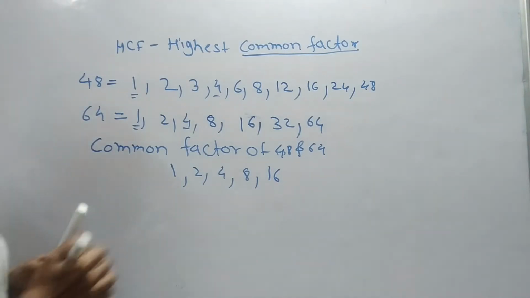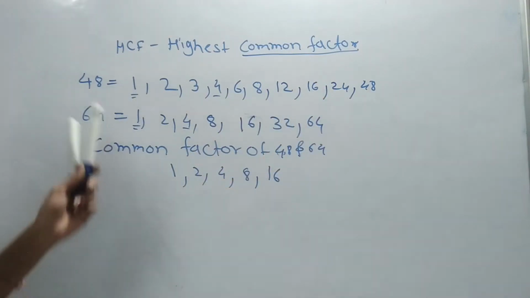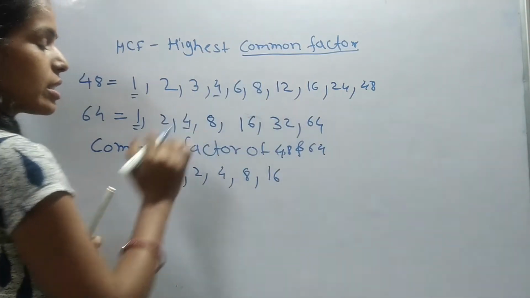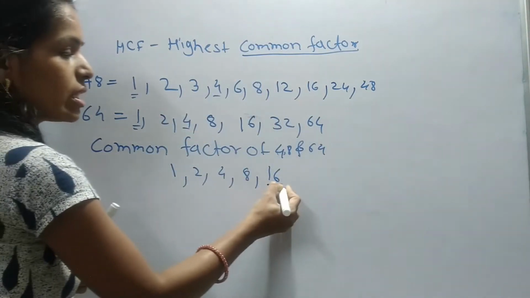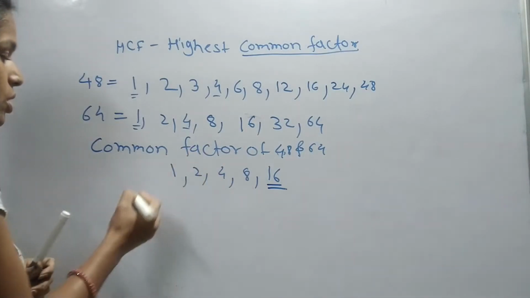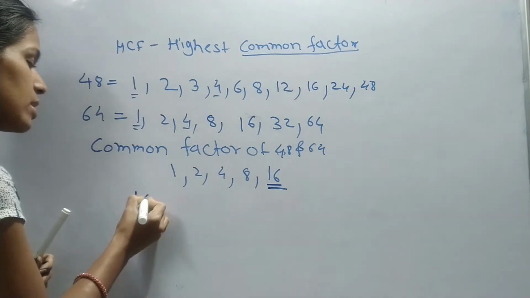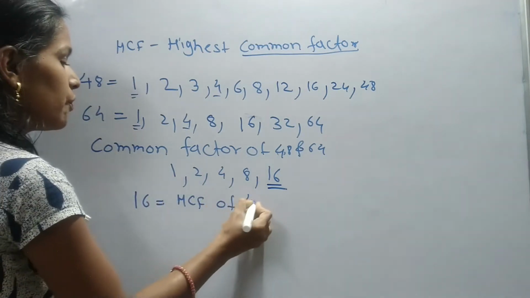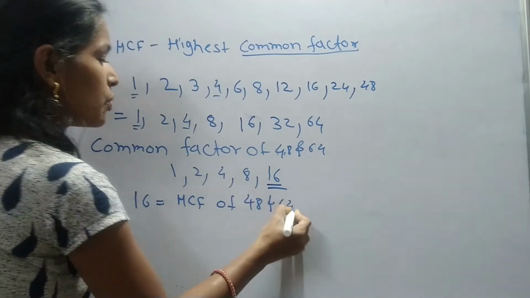So what is meant by the HCF of numbers? HCF means highest common factor. We have written the common factors over here. If you observe carefully, among these common factors, 16 is the highest one. So 16 is called the HCF, the highest common factor of 48 and 64.